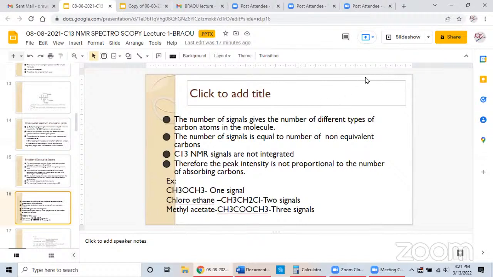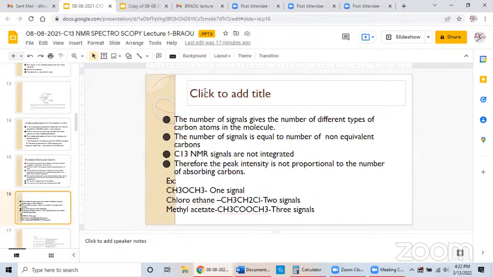For example, ethanol, CH3, CH2, OH. In proton NMR, CH3 protons are there, CH2 protons are there, OH is there. So CH3 gives one signal, CH2 gives another signal, and OH another signal. So overall for ethanol, how many signals do you get? Three signals. So three different types of protons.